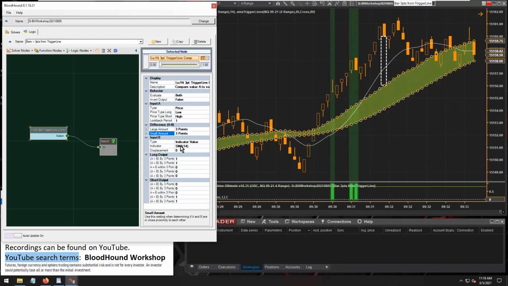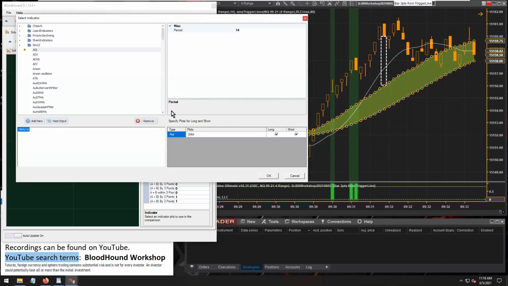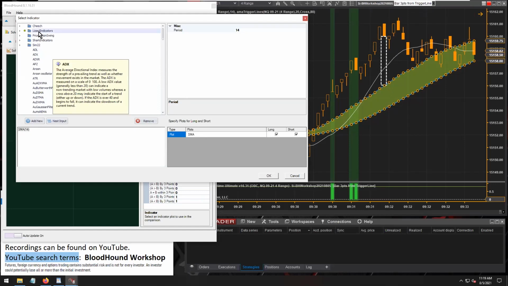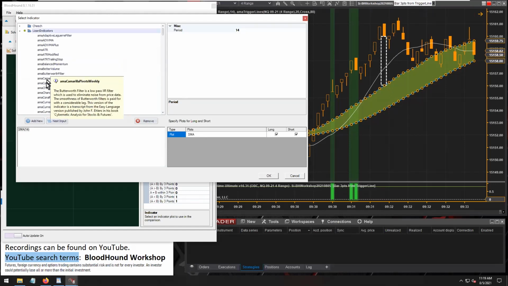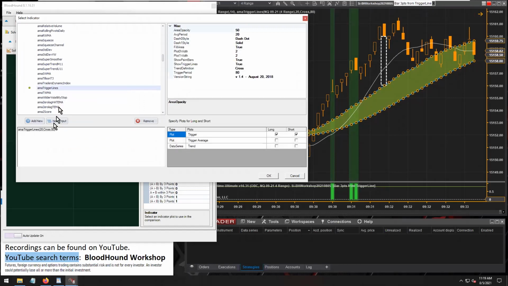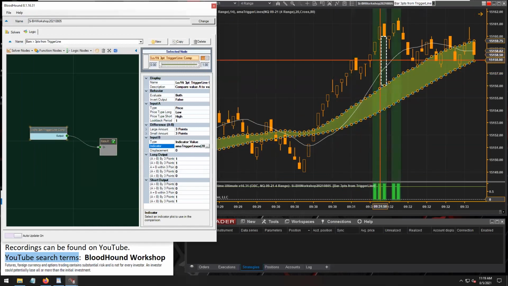Input B needs to be the trigger lines now. Let's go back to the lizard indicators folder and scroll down to the trigger lines. There's our trigger lines, and our trigger line is already selected for us. Let's click OK.